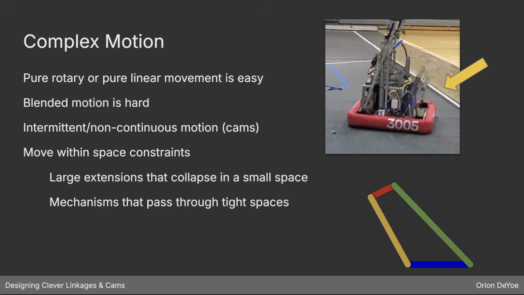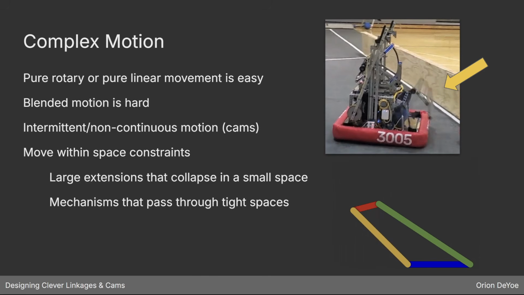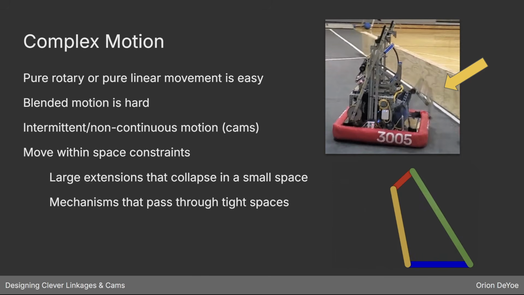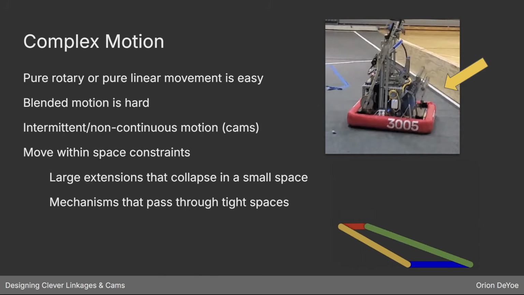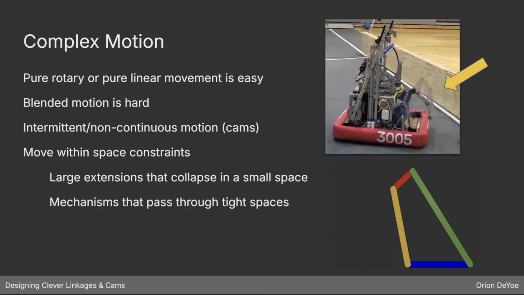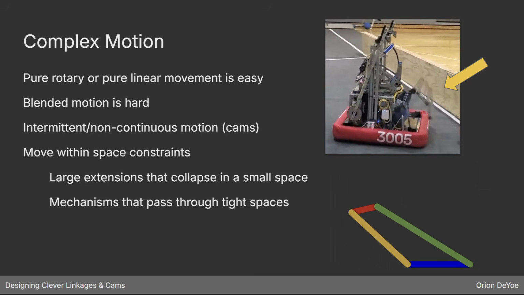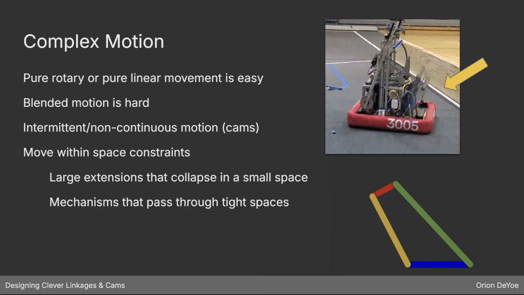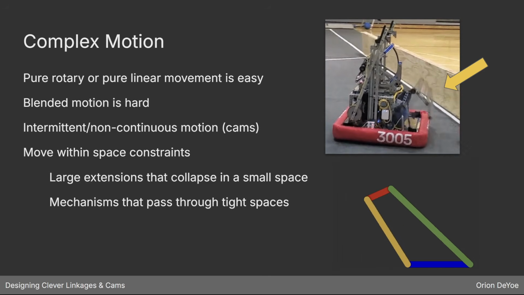But if you have something that's a much more complicated motion, like you can see this intake deploy on this 3005 robot here, where it's doing a translation and a rotation at the same time, that's much harder to do with any other power transmission method. And this could be useful for tight packaging, which is a pretty common thing that you need to do on these robots.